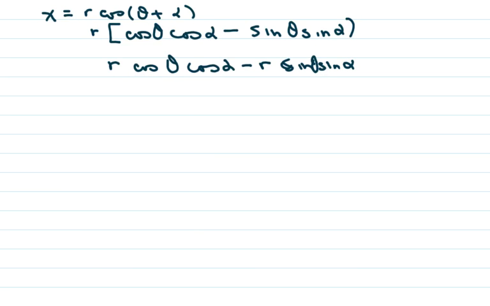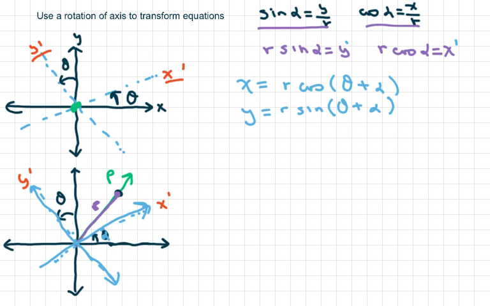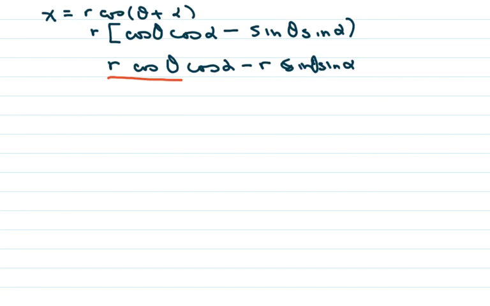Now I know that R cosine of theta equals x prime. I'm going to rearrange these because of the way I set it up here.